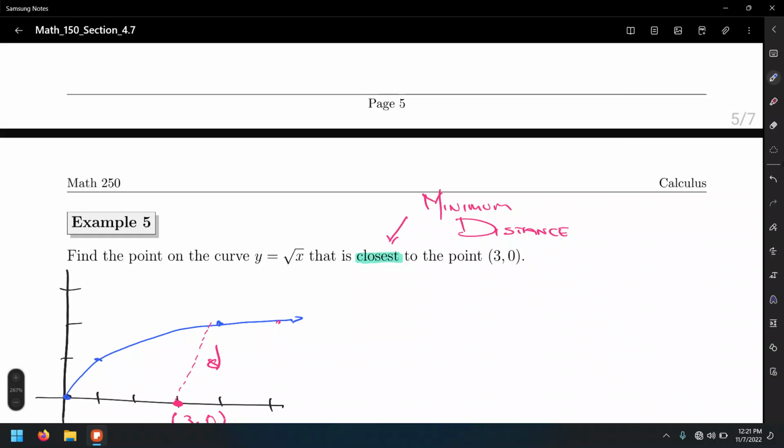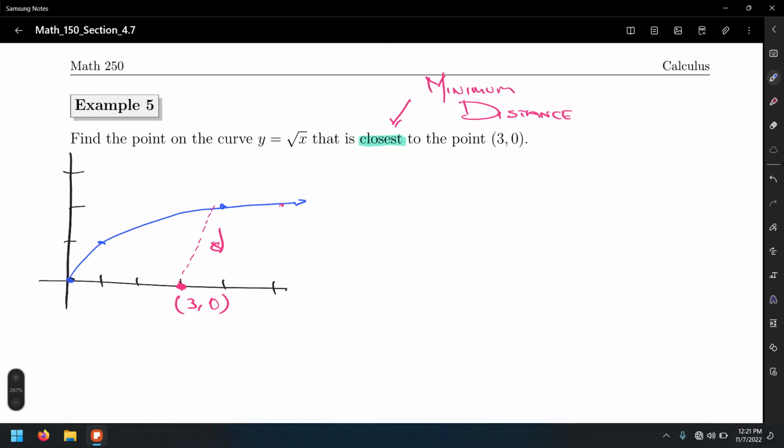Well, the distance formula, let's write it down. The distance formula is going to be involved. The distance between this point and this arbitrary point that I'm going to call (x, y), because that point, (x, y), is any point on the graph of f(x) equals the square root of x. Any point.